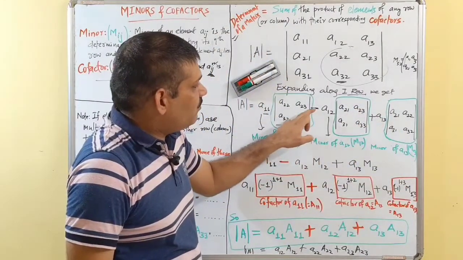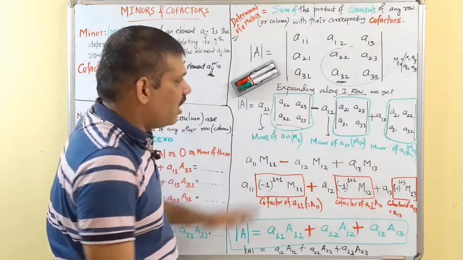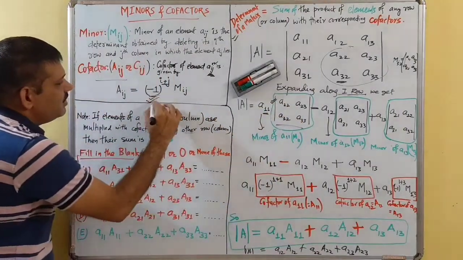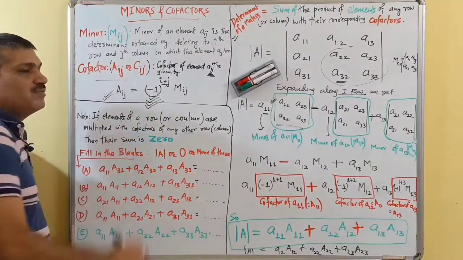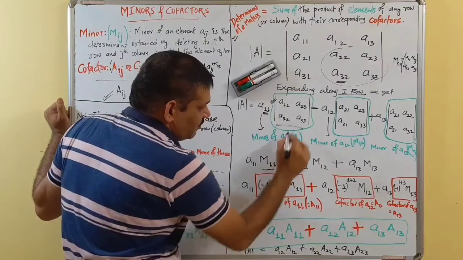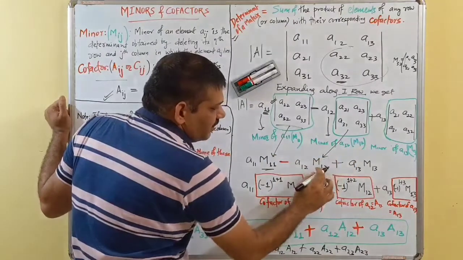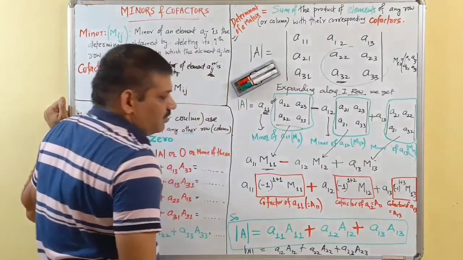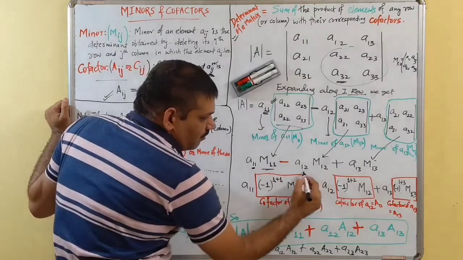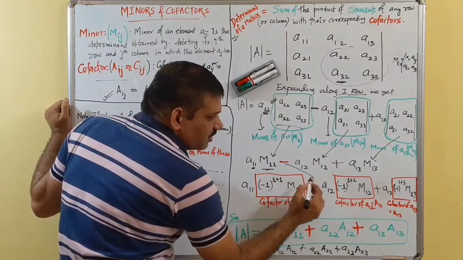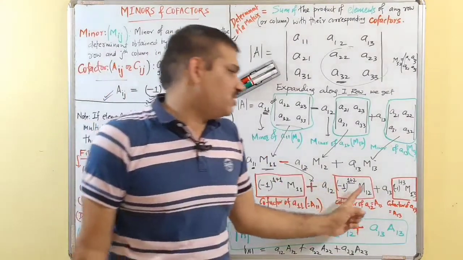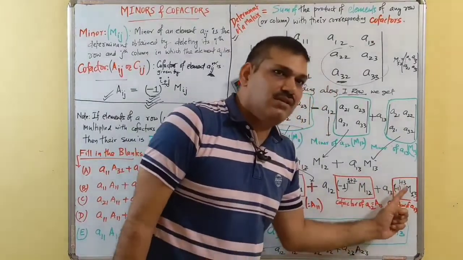Suppose I need to convert it into plus. Actually, how has this minus come? The minor is multiplied by minus 1 raised to i plus j, and that is known as the cofactor. So this is M11, this is M12 and M13. If I write minus 1 raised to 1 plus 1, the minus will be converted to plus; minus 1 raised to 1 plus 2 is an odd power of minus 1.